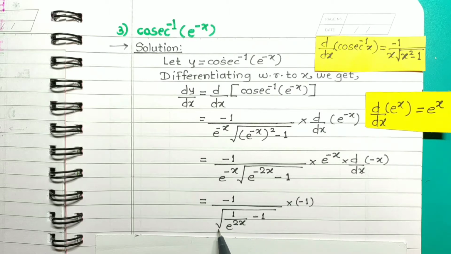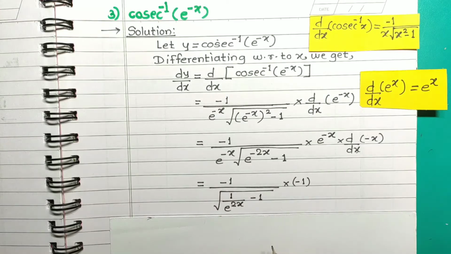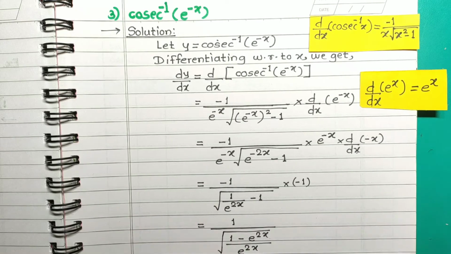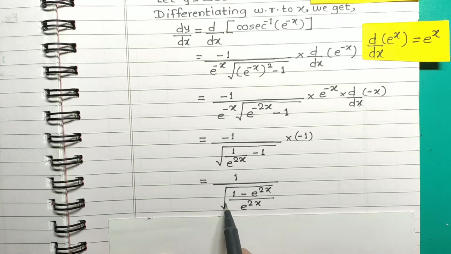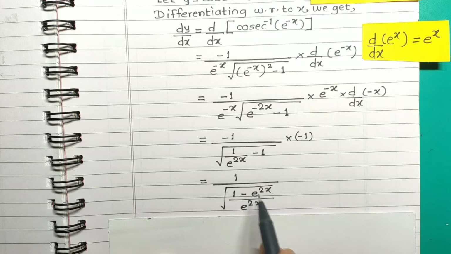So denominator is square root of 1 upon e raised to 2x minus 1. Okay. So this is equal to 1 upon square root of 1 minus e raised to 2x upon e raised to 2x. Simplifying this term, we have this. Okay. Then see, we can take this e raised to 2x term out of this square root.